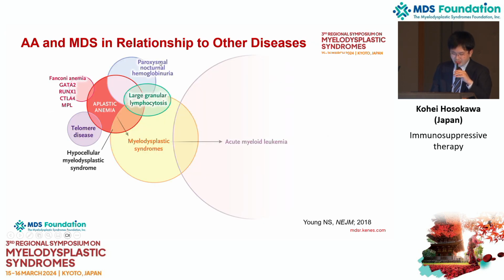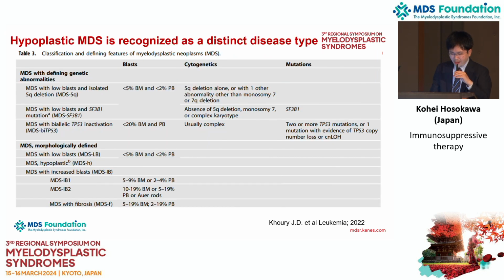As you know, aplastic anemia and MDS, and sometimes PNH or LGL, are overlapping disorders. If you see a hypoplastic bone marrow with some dysplasia, we sometimes diagnose this as hypocellular MDS, and sometimes it is very difficult to distinguish aplastic anemia from MDS.